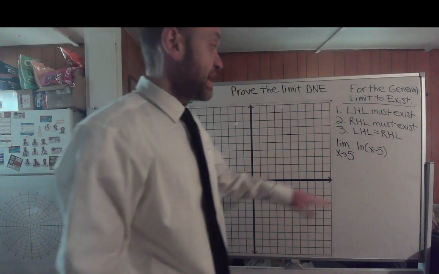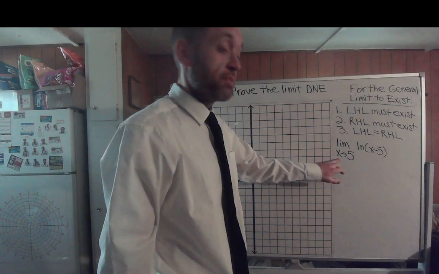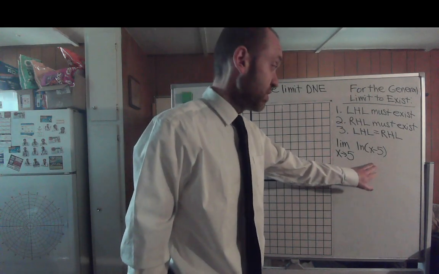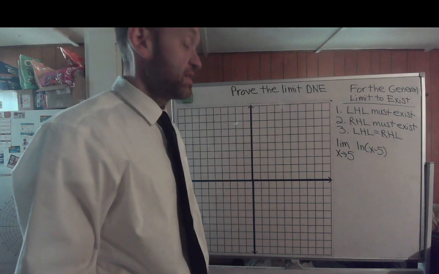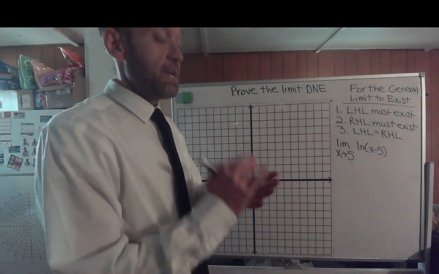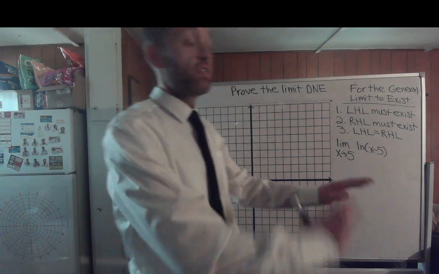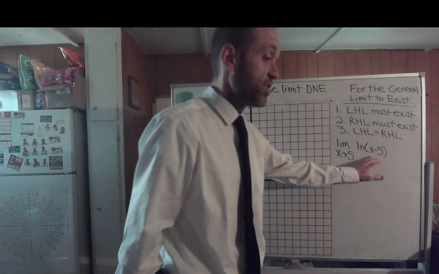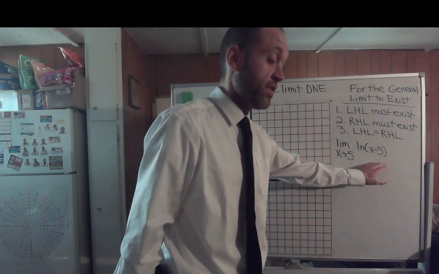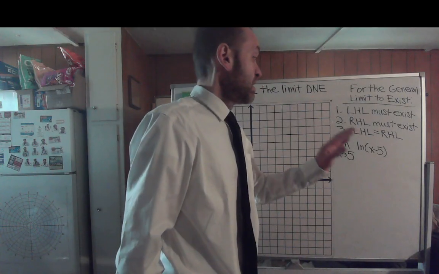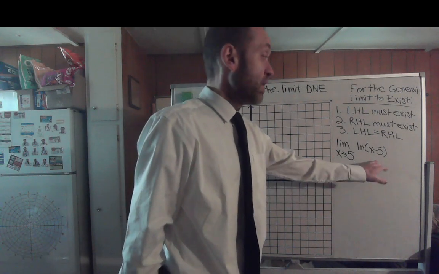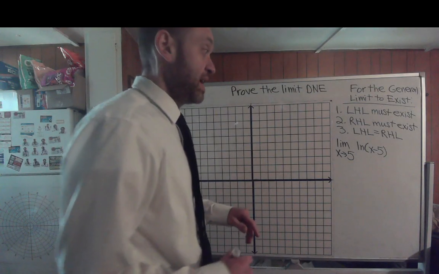So we're setting out to prove that the limit as x approaches 5 of the natural log of (x - 5) does not exist. Well, keep in mind this is the graph of the natural log of x shifted to the right 5 units. We have shifted this graph to the right 5 units. So you have a vertical asymptote at x equals 5.